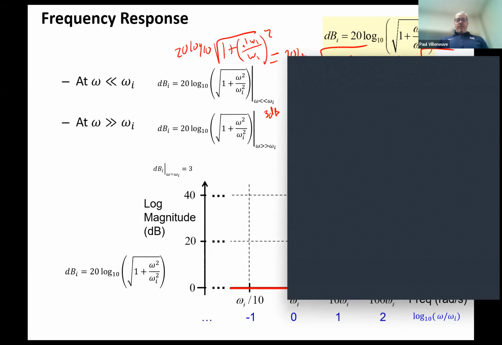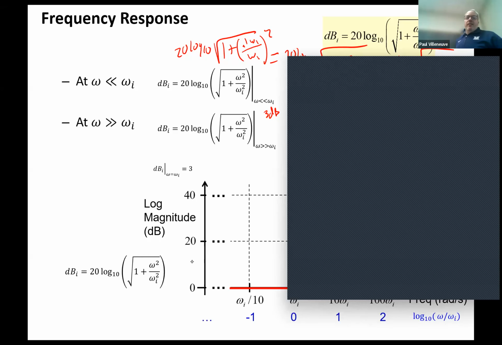Let's take a look. Let's go to MATLAB and do the square root of 101. 10.05. And we all know the square root of 100 is 10. So you're only off by 0.05 in this application.